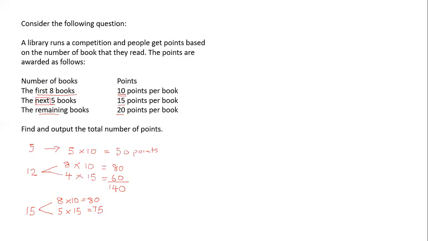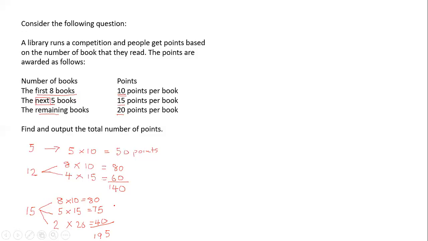And then the remainder, 8 and 5 is 13, and the remainder 2 books is given at 20 points, giving you 40 points. So in this instance, if we add them up, if my arithmetic is correct, the person will get a total of 195 points.